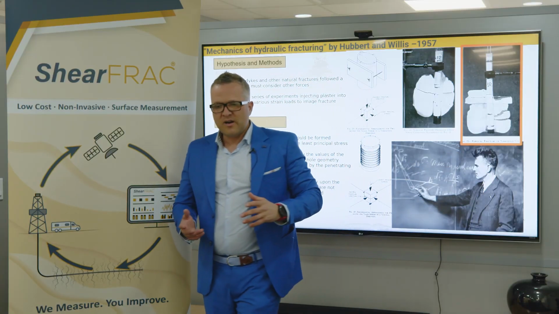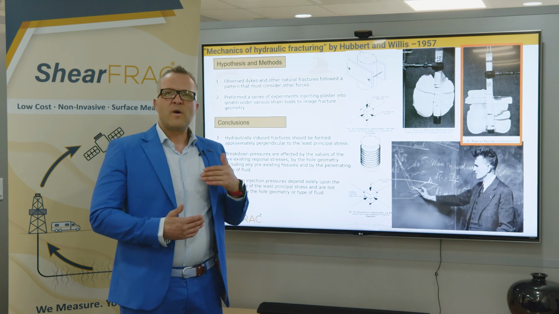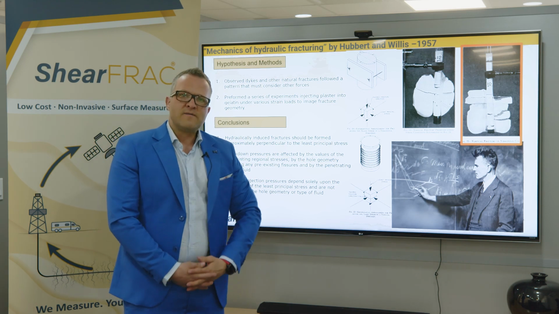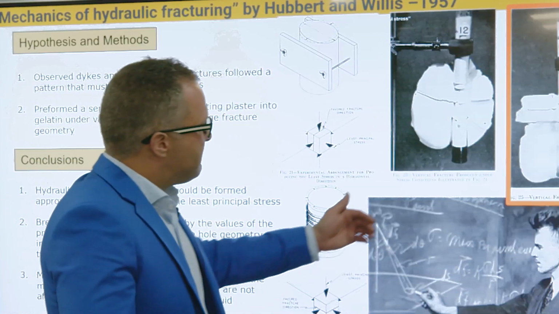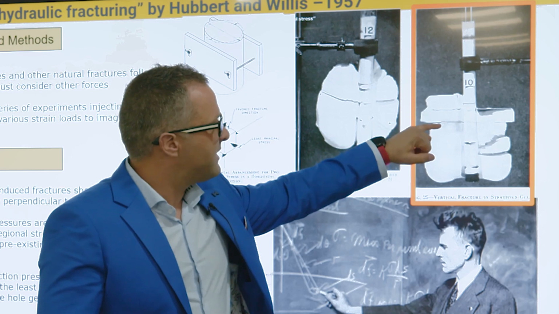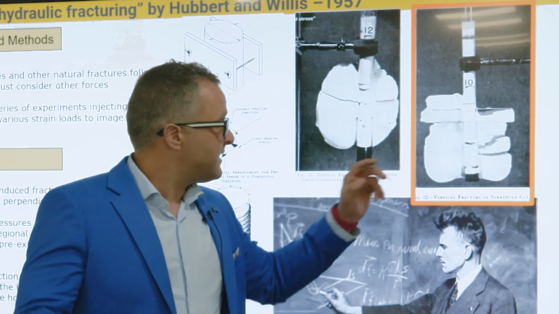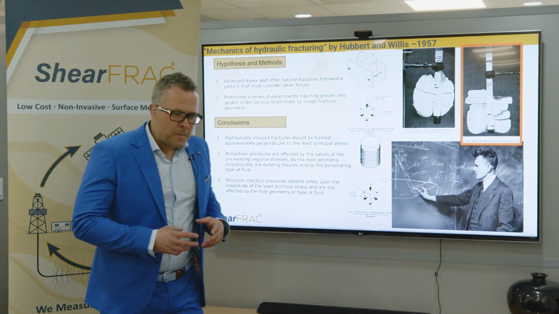When we talk about unconventional resource development, we're talking about shale, siltstones, low energy deposits of sediments which have high layered anisotropy. This was actually mimicked in Hubbert's test number 10, and you can see the fractures actually propagate along these bedding planes.